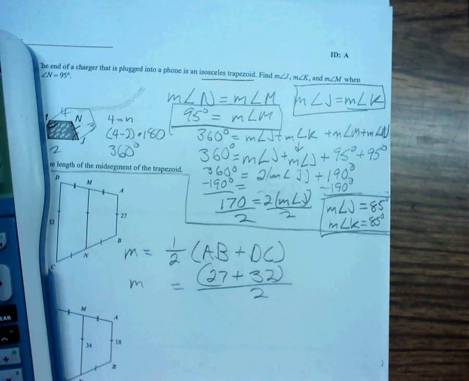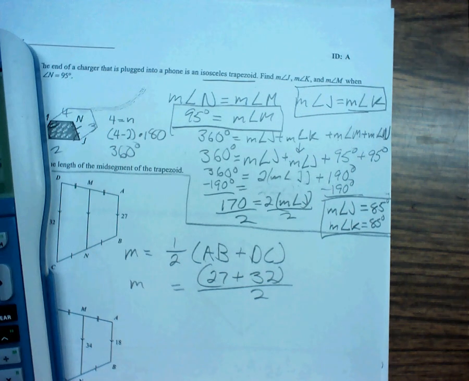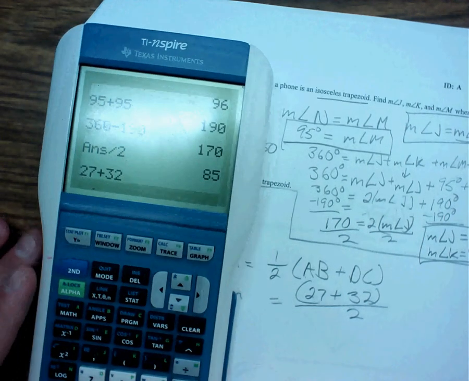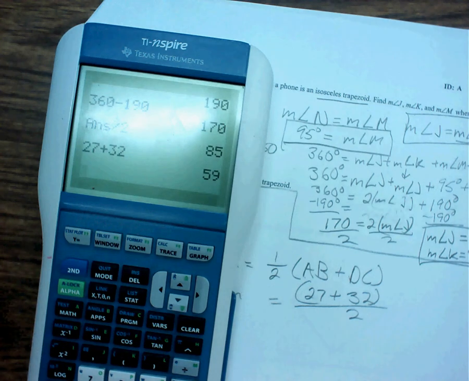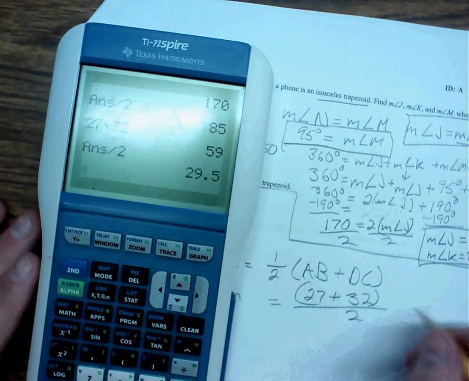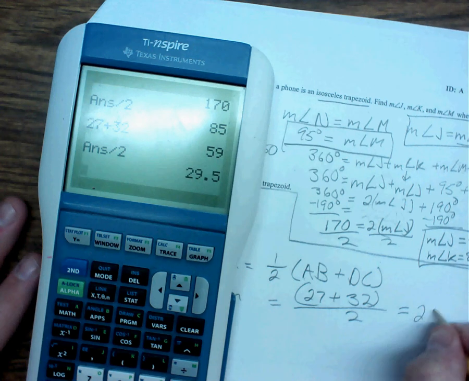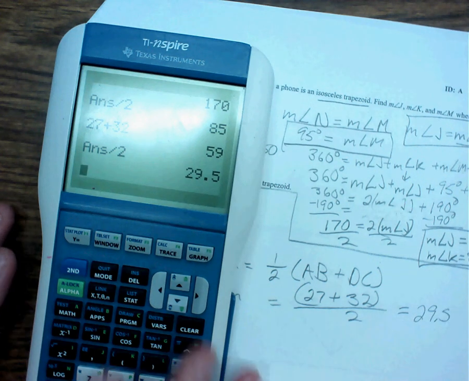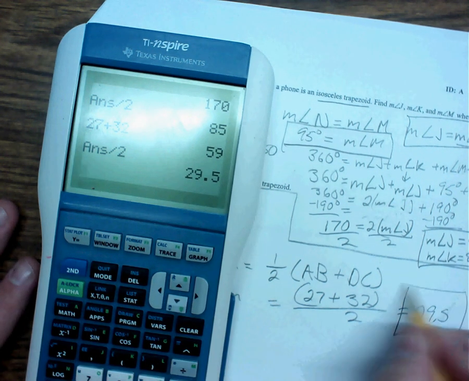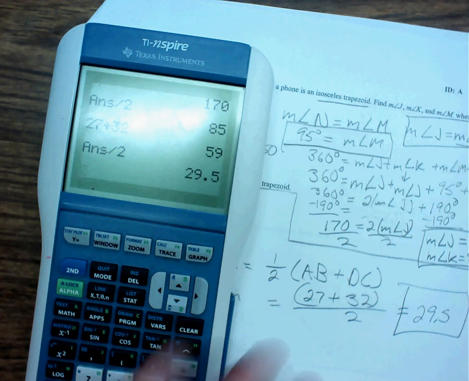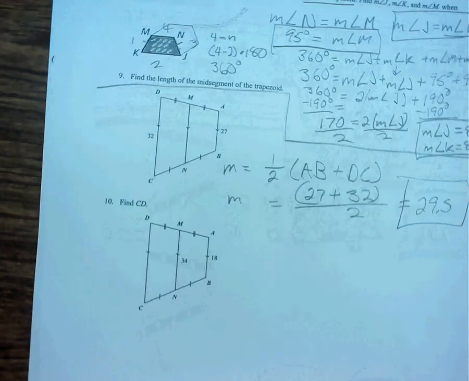So I'm going to say 27 plus 32 equals 59, and then I divide that by 2, and that gives me 29.5. Okay? I'm trying to rush so we could get this done before the bell rings.